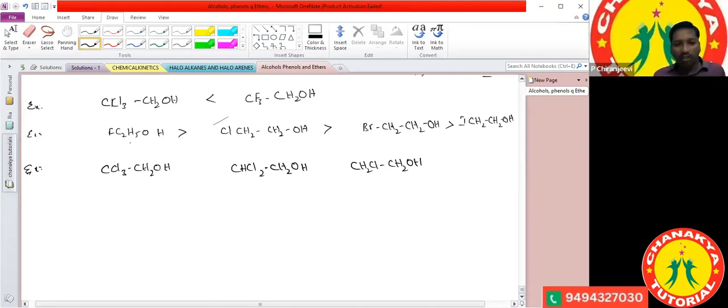Very good. Trichloroalcohol is more acidic in nature than the dichloro and chloro ones, because as the number of electron withdrawing groups increases, the acidic strength increases.